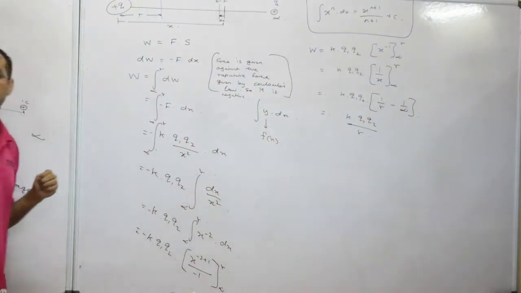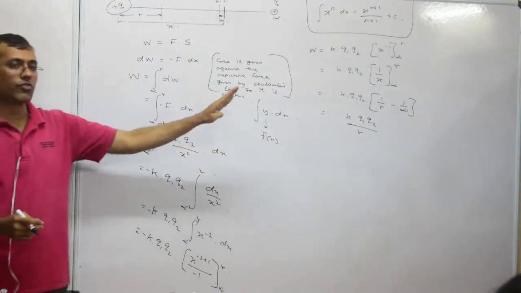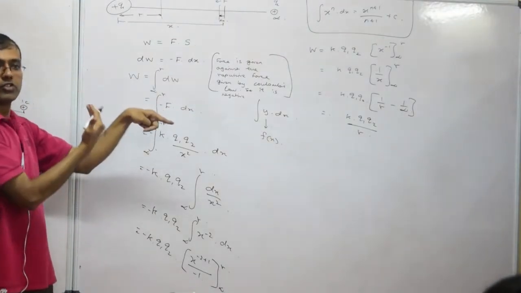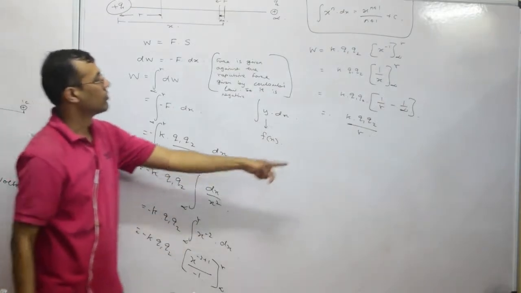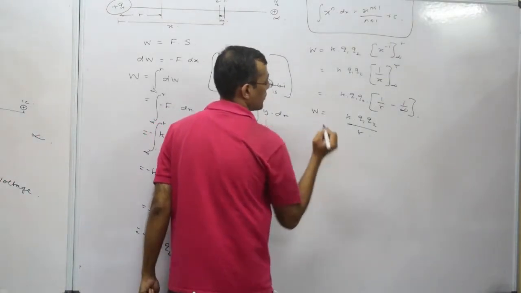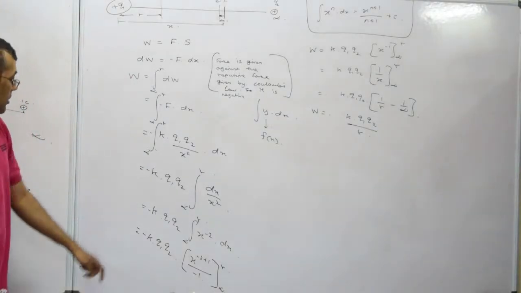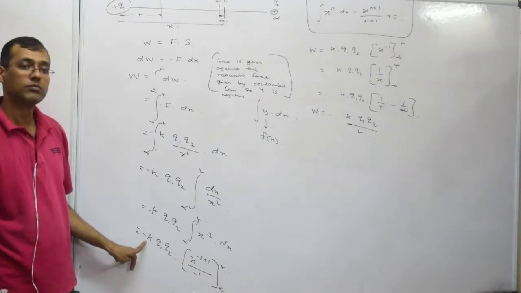Is this making sense? Anybody having any issues? The repulsion force is this way according to Coulomb's law, but the force with which you are doing work is this way, which means you are giving a force opposite to it. So that means work done is this way. K Q1 Q2 by R. You have negative here, but then what happens to this negative? It becomes plus.